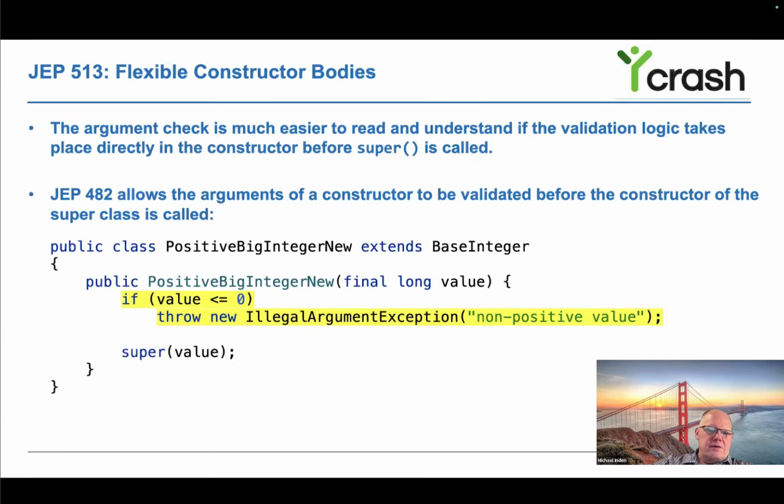With Java 25, it's far easier. You can move your check and then later on call super. This is really nice. So this feels absolutely natural that you can perform checks before calling super.